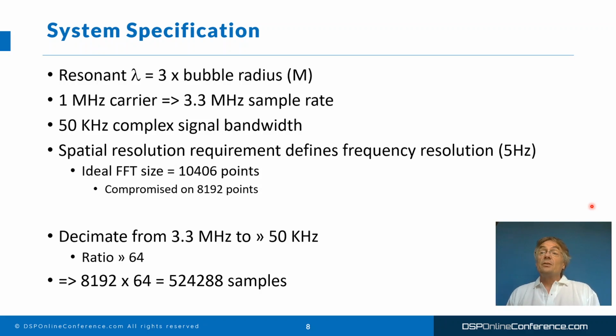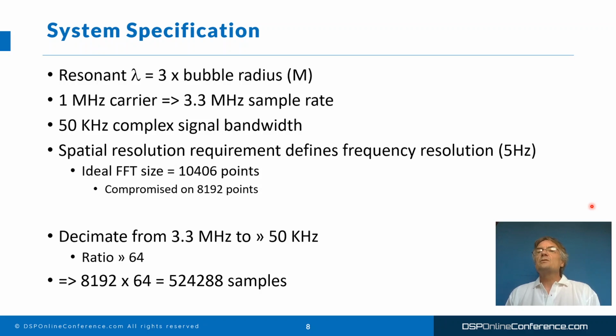Actually, as an aside on this project, if we did the maths, the ideal fast Fourier transform size would have been 10,406 points to get the desired resolution of the application. So we explained to the customer that you can either have 8,000 points or 16,000 points. I know there are some other points in between that you could use, but to keep the processing simple, we stuck to our powers of 2.